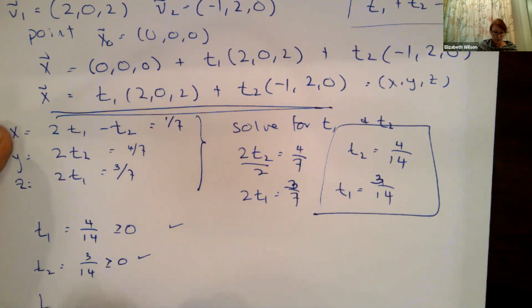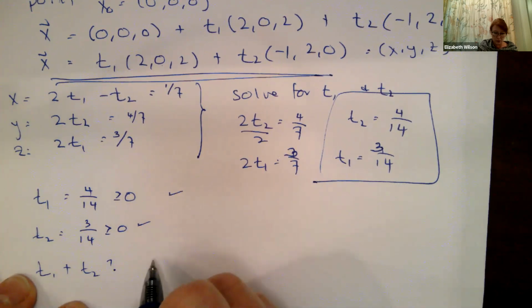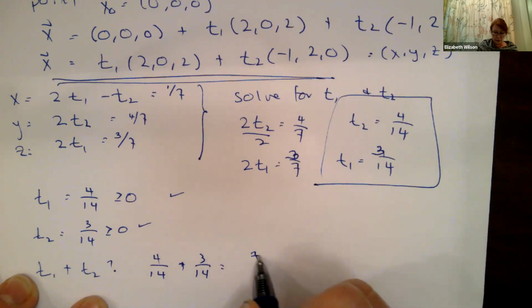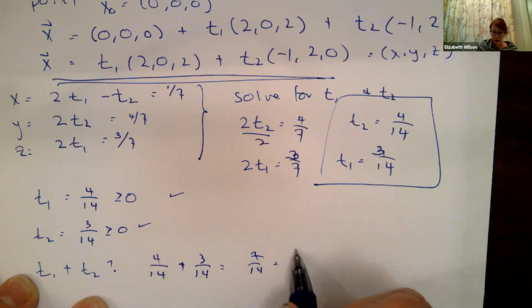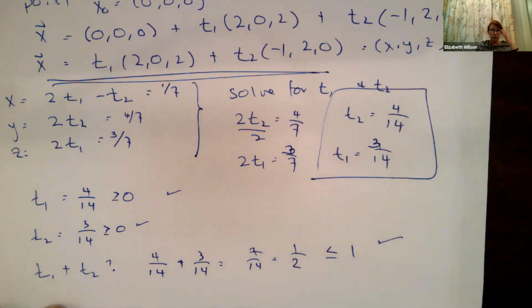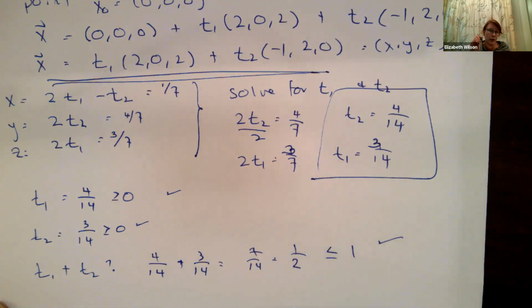So let's add up T1 plus T2 and see what we get. 4/14 plus 3/14 is 7/14. Oh, that's 1/2. Look at that, which is less than or equal to 1. Check. All right, so what that means is that our point of intersection is inside the triangle.